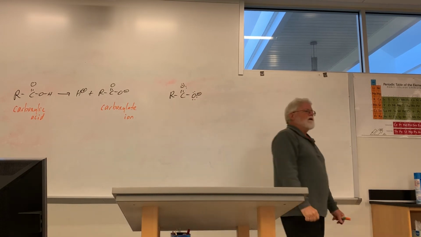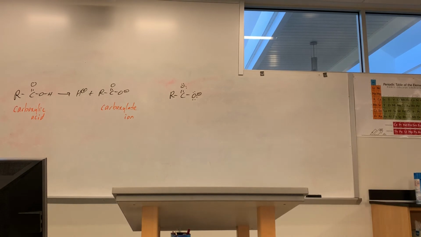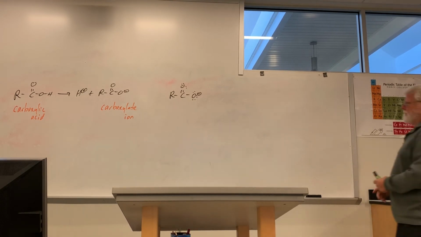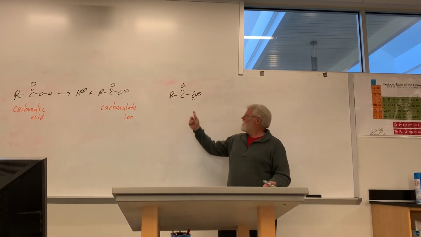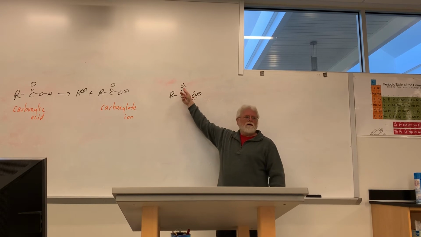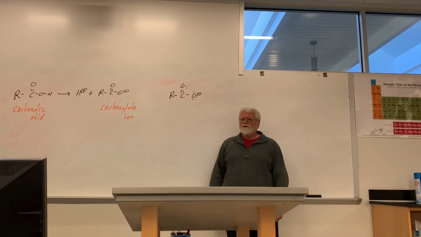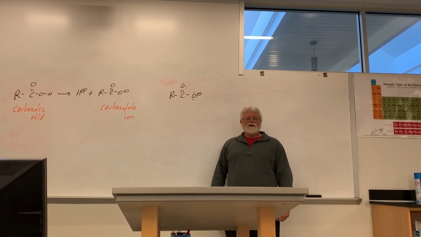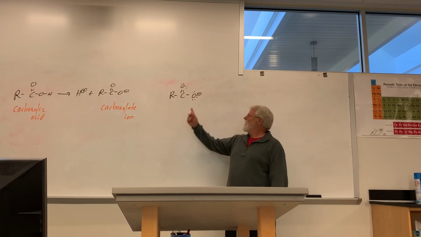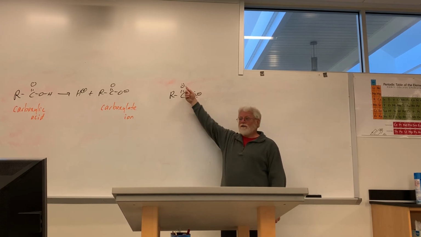Drawing all the non-bonding electron pairs in this guy, there's a carboxylate anion. What's the difference between these two oxygens? It looks like I have a -1 formal charge on this guy, no formal charge on this guy.